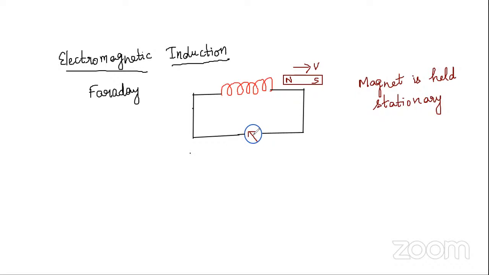What is happening actually there when the bar magnet is moved towards or away from the coil? You can unmute yourself and you can talk, no issues.